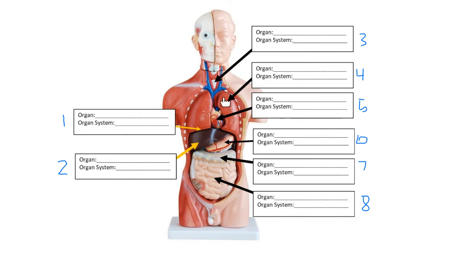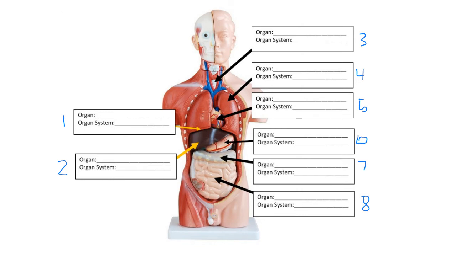Yeah, so organ number 4 over here, this is a lung, and several of us have correctly mentioned this is the left lung. Remember, what looks like your right side is actually the patient's left side. So put yourself in their shoes. This is their left side of their body. This is the left lung. When we talk about the left lung or the right lung, they're both found in the same organ system.